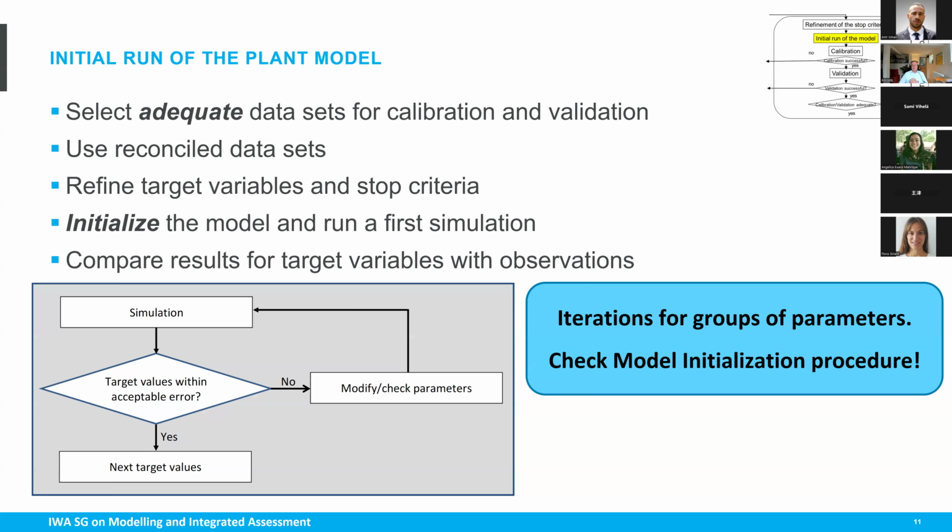Typically you do that in groups of parameters. Important is to make sure that if you are calibrating one group and then the second one, the second calibration step is not messing up the first one.